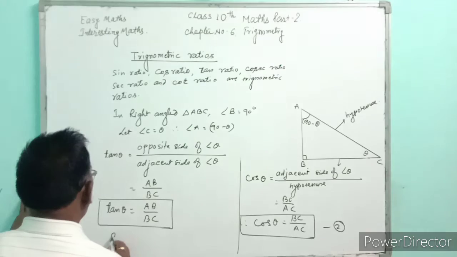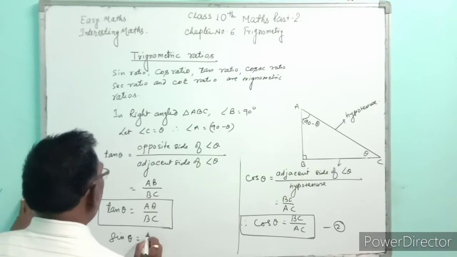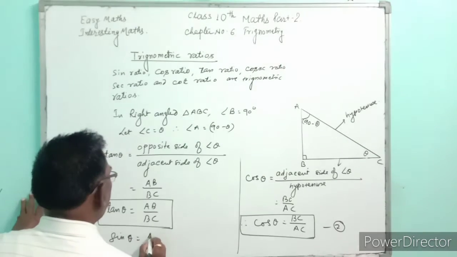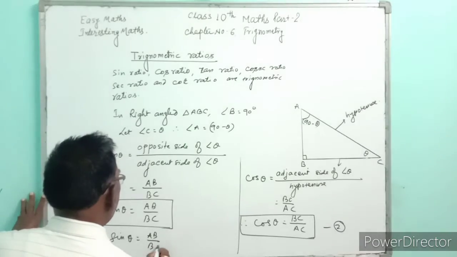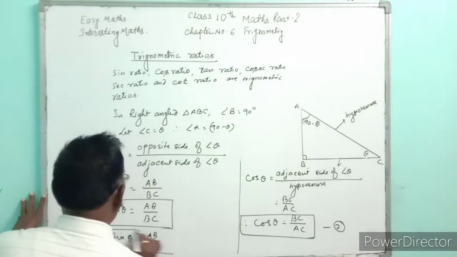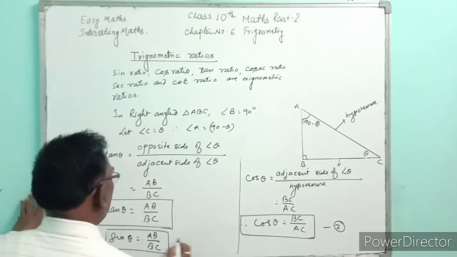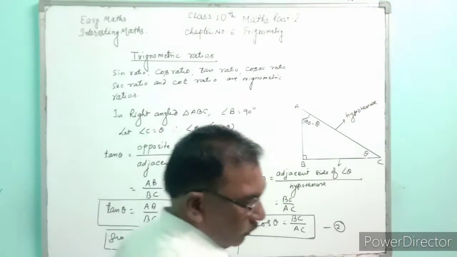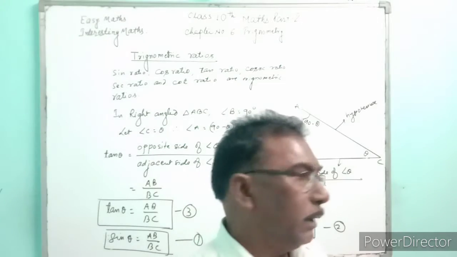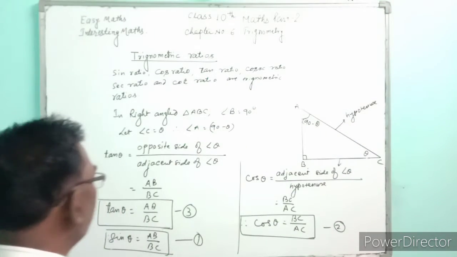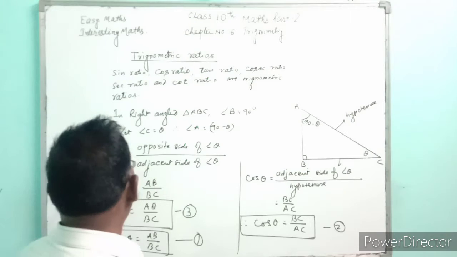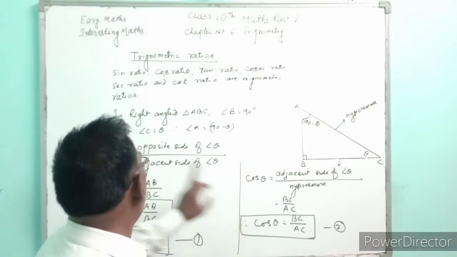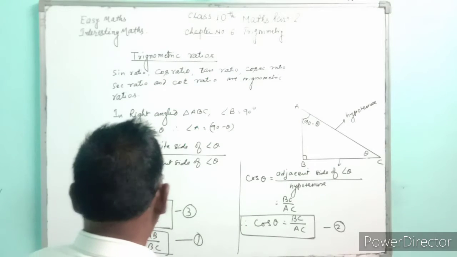We will write here sin theta is equal to AB by AC. This is number 1 and this is number 3. From 1, 2 and 3, we will find the relation between sin theta, cos theta and tan theta.